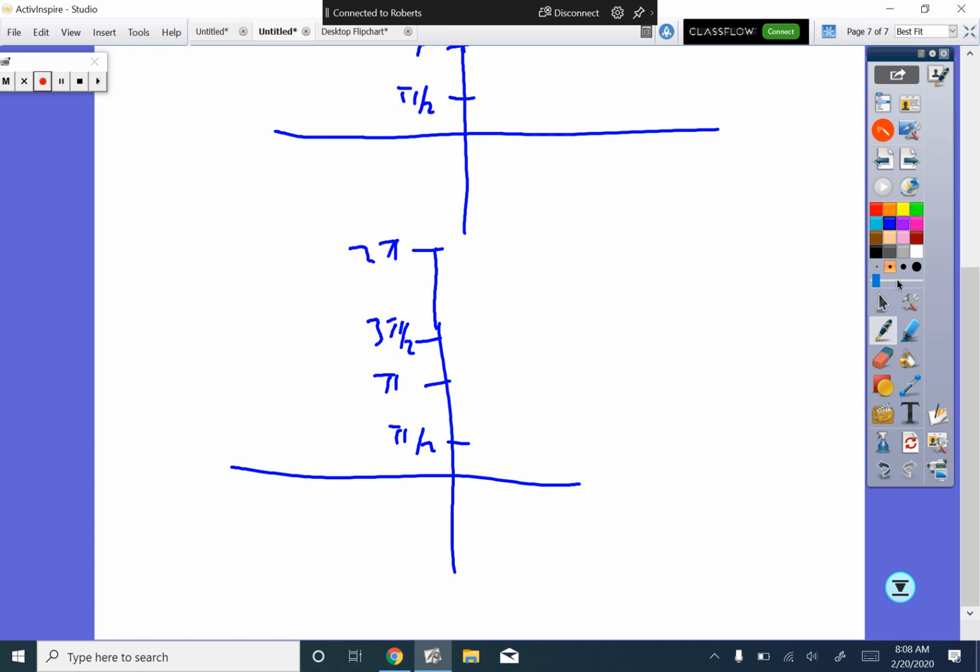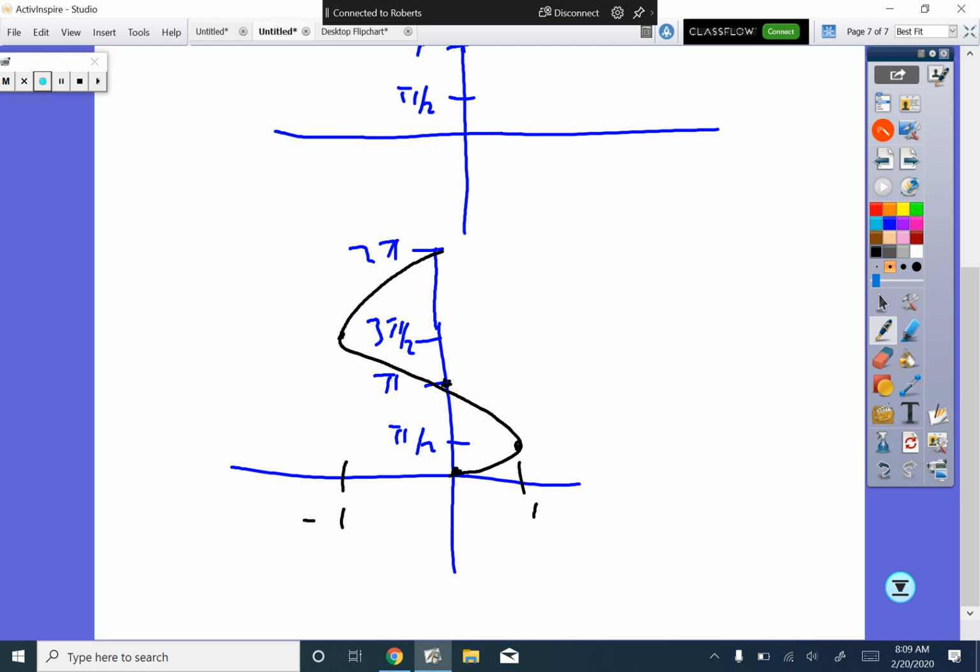And notice the y's become the x's, so we had 1 and -1. Agreed? Here's what the graph looks like. Is everybody there with me? That would be its inverse.